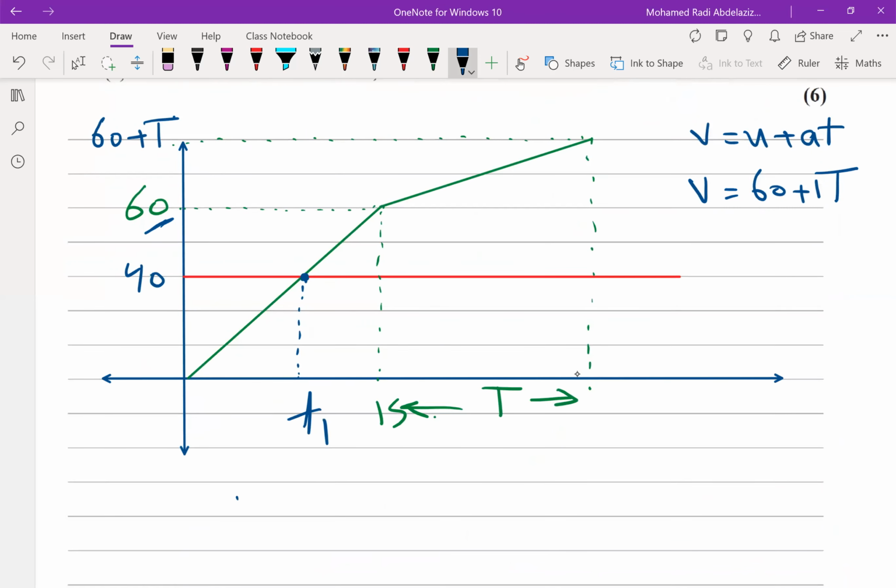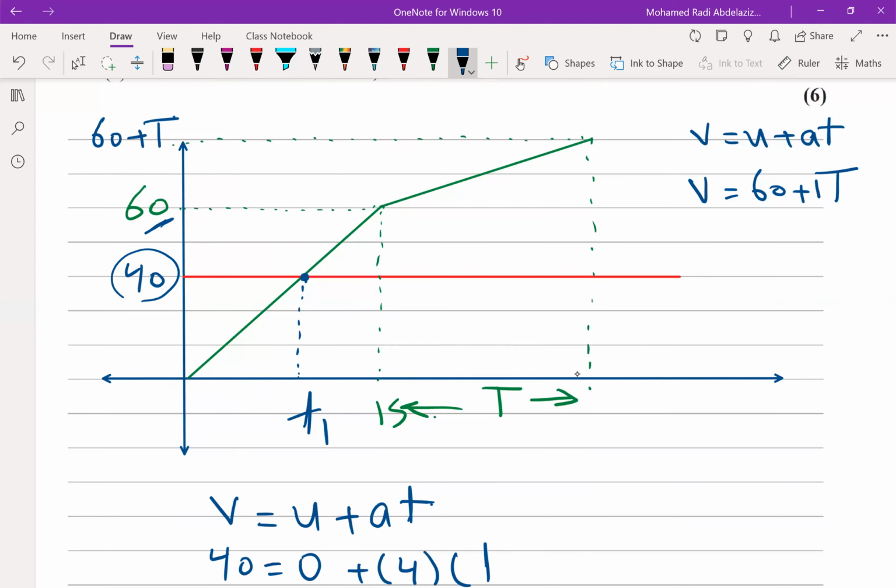From V equals U plus AT, the final velocity is 40, the initial velocity is 0, and the acceleration in this part is 4. Calculating the time, t1 will be 10. So this time is 10.